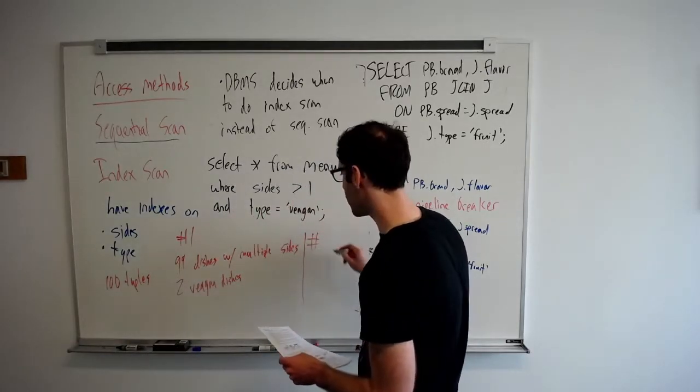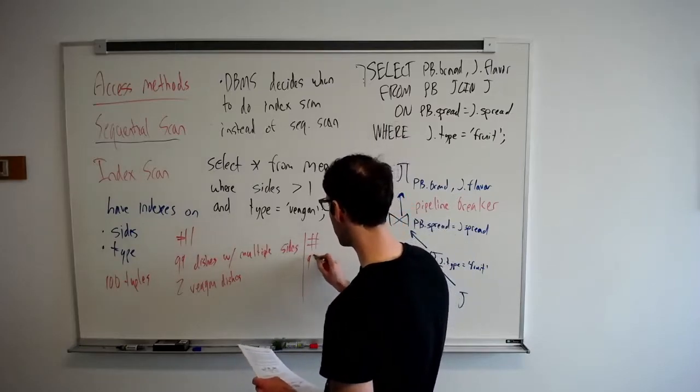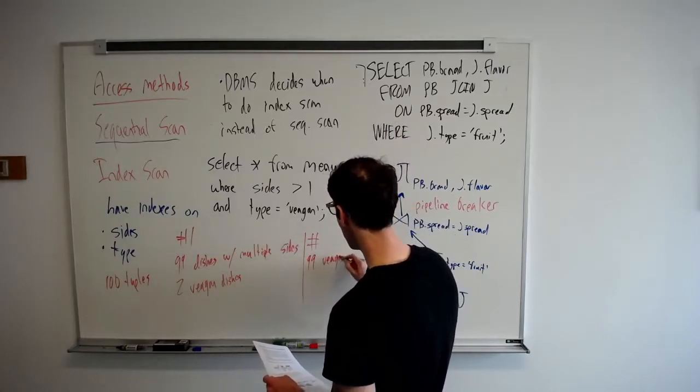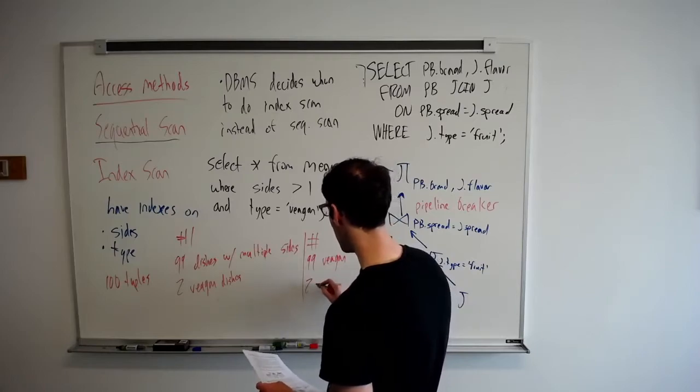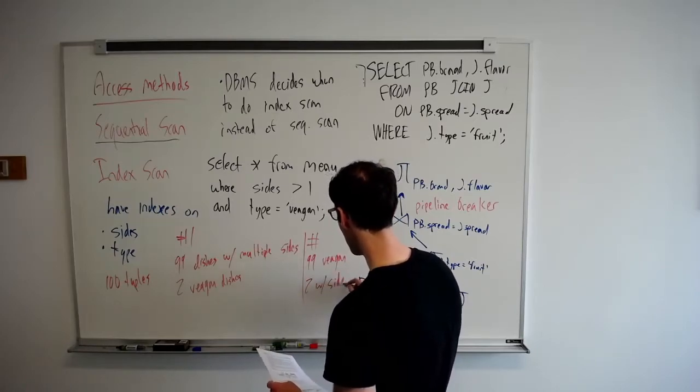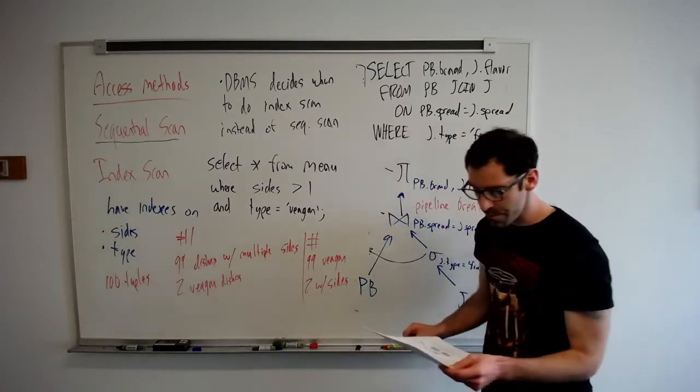And scenario number 2 is that we have 99 vegan and 2 with multiple sides.